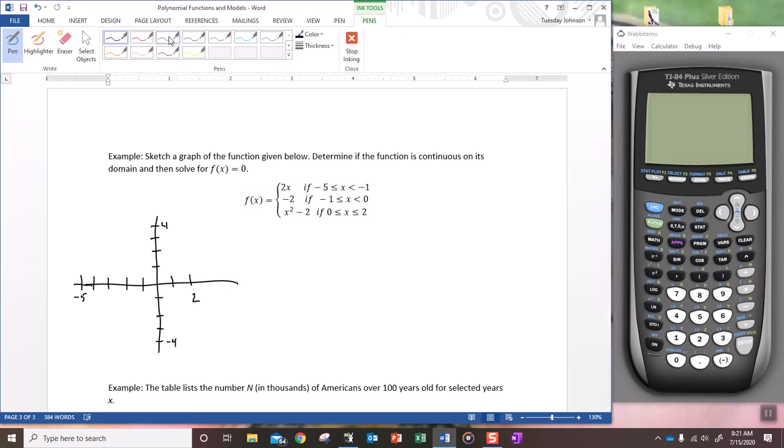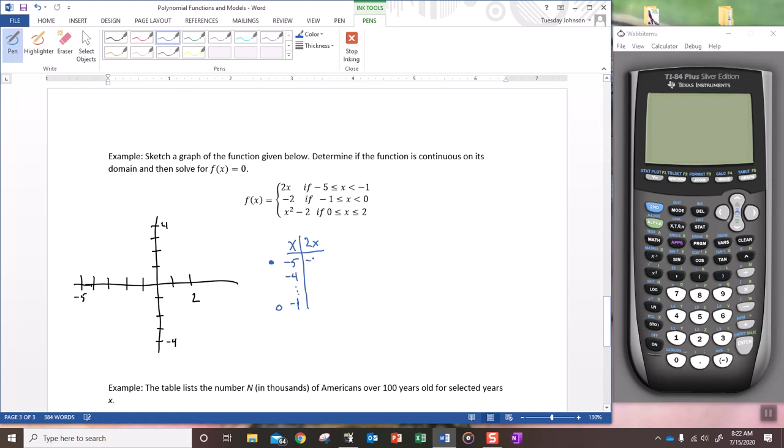So I'm going to do the top piece, 2x. It's a polynomial. It's linear, actually. So I'm going to use -5, -4, and I could use all of the values all the way down to -1. But here at -1, notice there's no equal to. So I'm going to put an open circle to remind myself that I cannot equal -1, but I could get super close to it. -5 has an equal sign, so I'll use a solid dot.